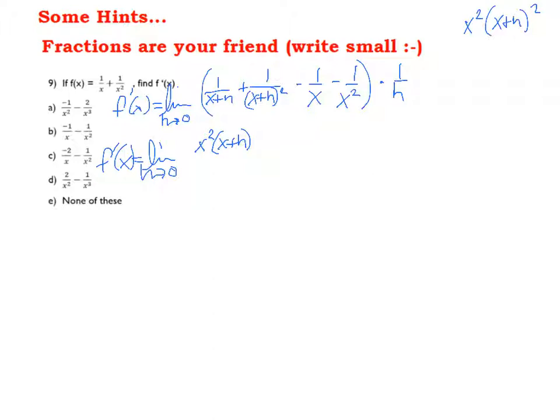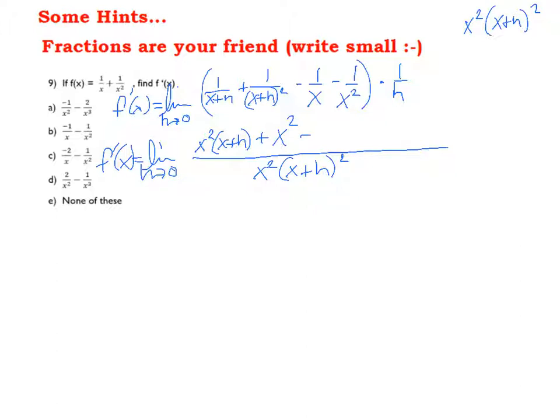Now I'm going to be putting this all over my common denominator, x squared times x plus h squared. Rather than writing each one of these individually with that common denominator, I know that this is going to be that next step. Now I'm going to do plus, and I'm going to look at my second fraction and say, all right, this is what I've got, this is what I need, looks like I'm missing the x squared. So the numerator is going to be x squared, and it's going to then be over my common denominator.